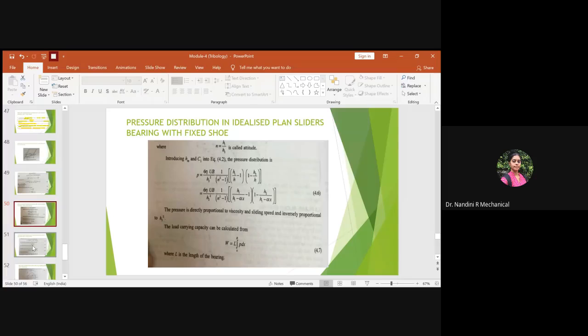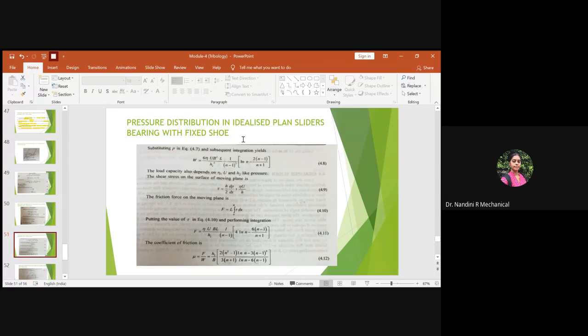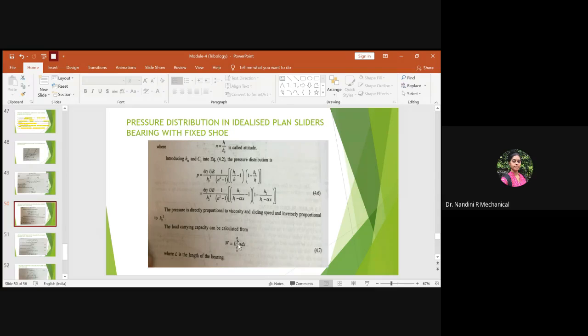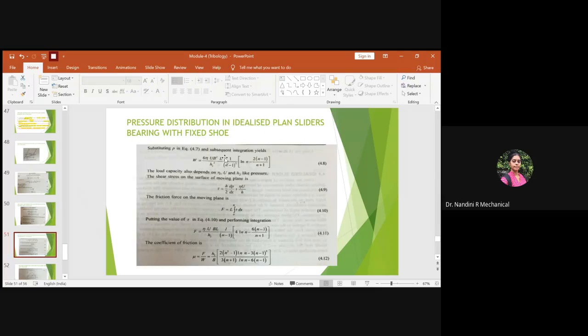So after substitution, you have to integrate, right? So once it is done, you need not show each and every integration step, because this itself is a very lengthy one. So you will directly tell that this is the load carrying capacity equation. You have substituted the pressure distribution equation over here, integrated from 0 to B, where L is the length of the bearing and P is the pressure distribution term. And after substituting the value of P, after integration, you are getting this equation.